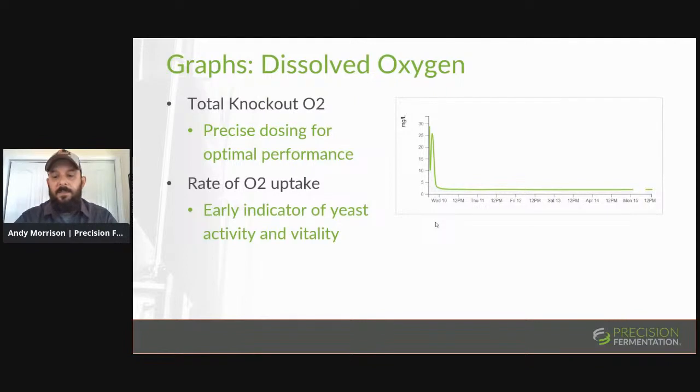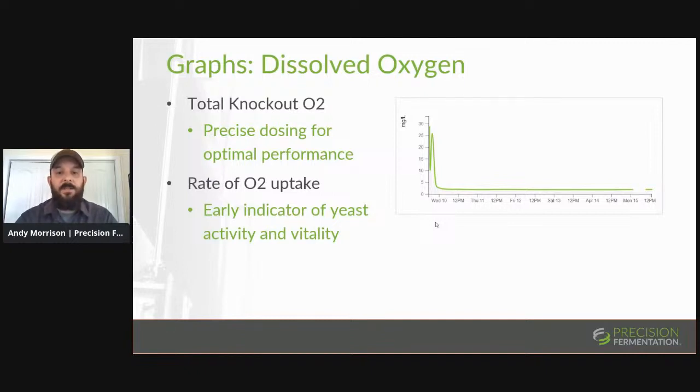I was listening in to Bryn Keenan's seminar yesterday where she talked about oxygenating 1 part per million per degree Plato. Being able to measure that out pretty precisely is something that we're able to do in tank.